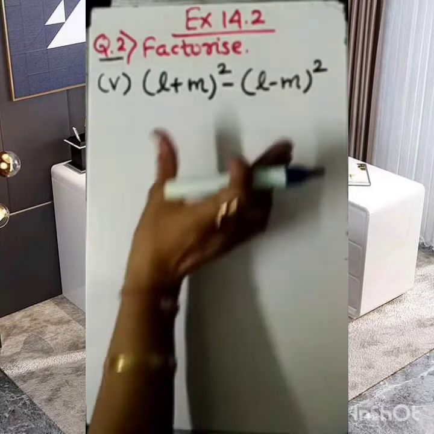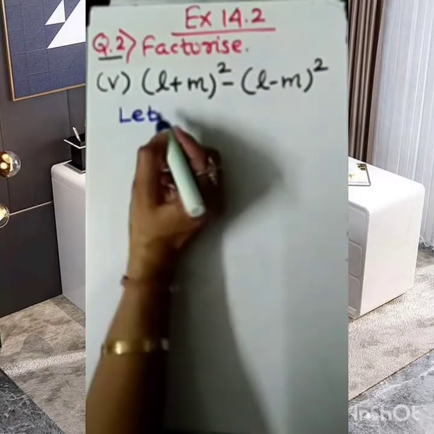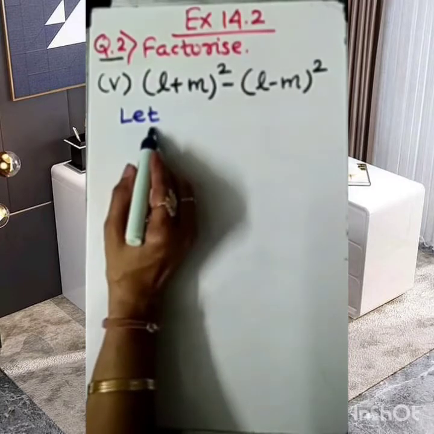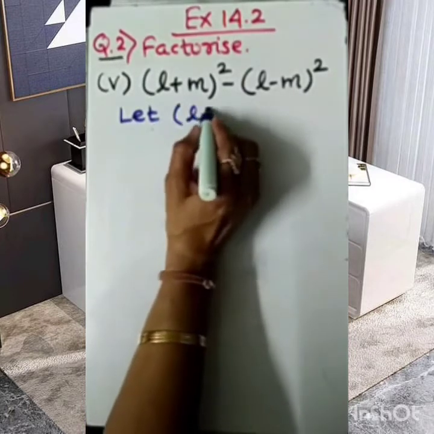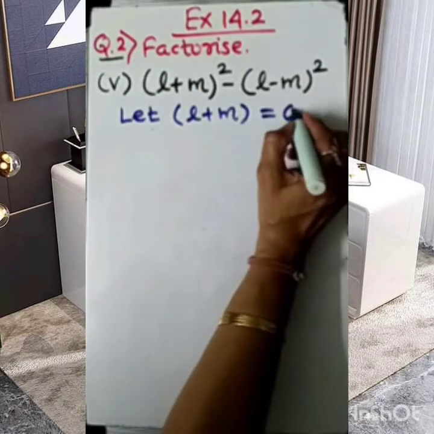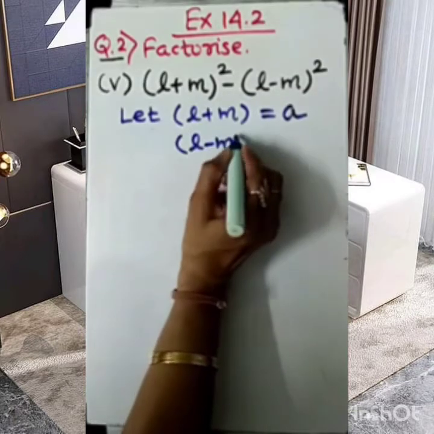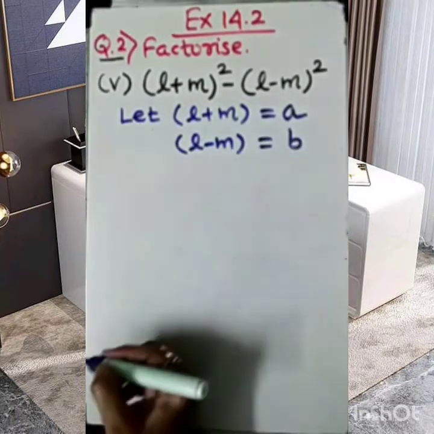So in such a type of question we need to assume something. We are making this work easier by assuming. For this bracket L plus M I am assuming A, and for this bracket L minus M I am assuming B. Fine.